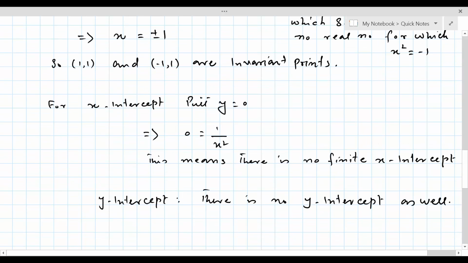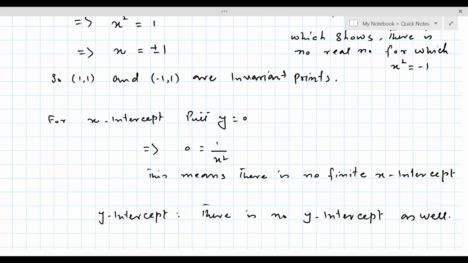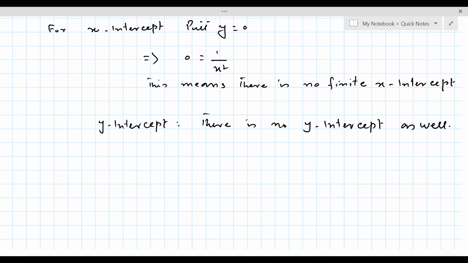So now we have the information regarding the intercepts, the invariant points, and the asymptotes. Before we can figure out the path of the graph, let's find the long run behavior and short run behavior of y.